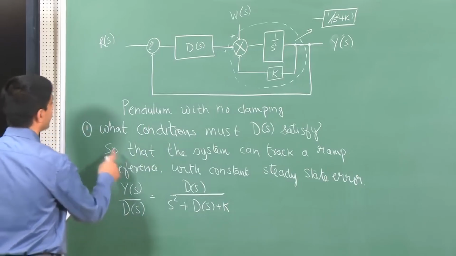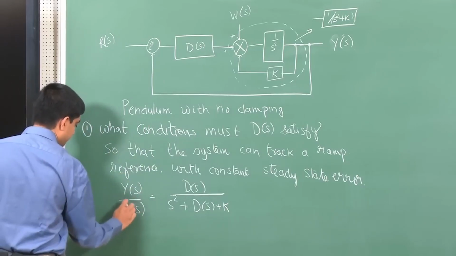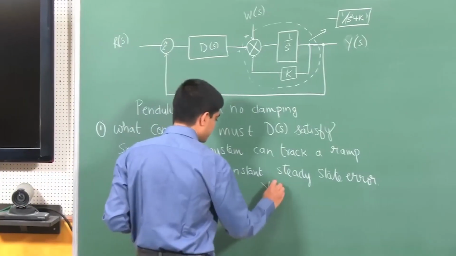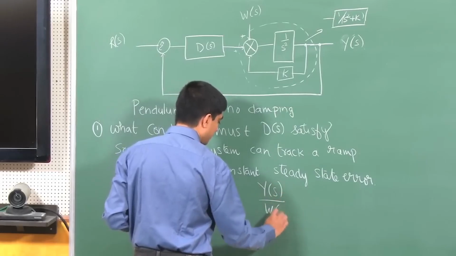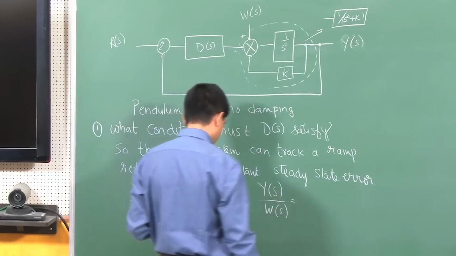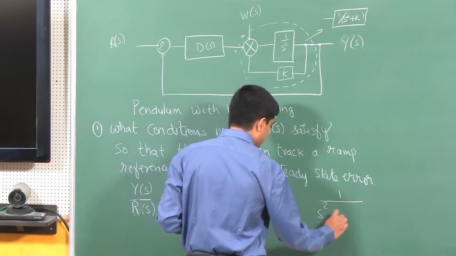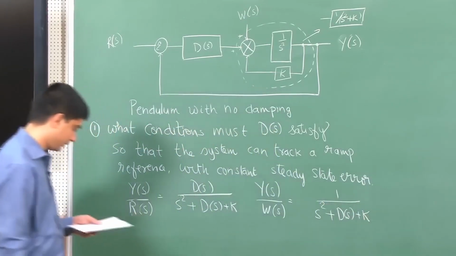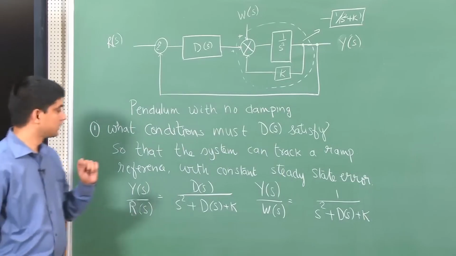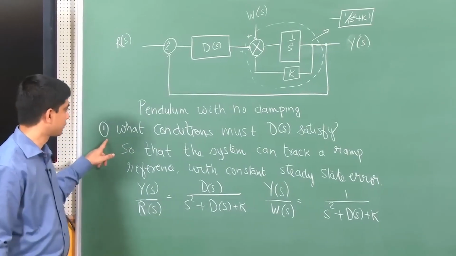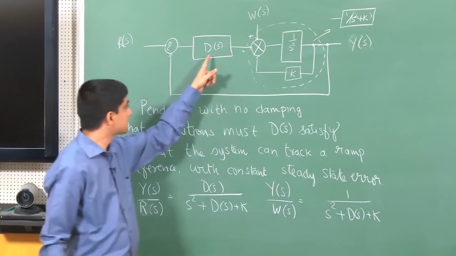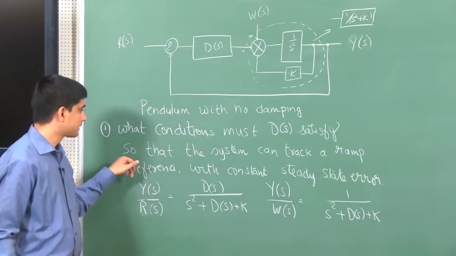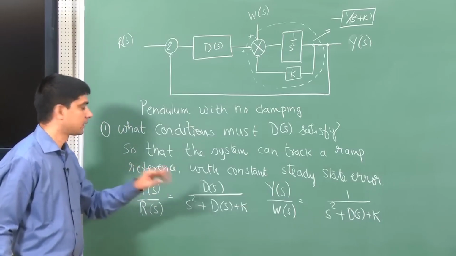Sorry, this should be Y over R. And similarly, the effect of disturbance on the output is another transfer function of the form 1 over s square plus D(s) plus k. Okay. Now, what does the problem require me to do? Well, it requires me to find the conditions on D, if not the exact nature of D, so that the system tracks a ramp with a constant steady state error.